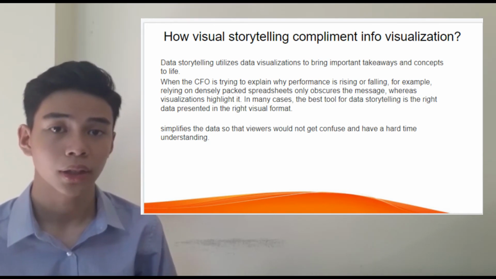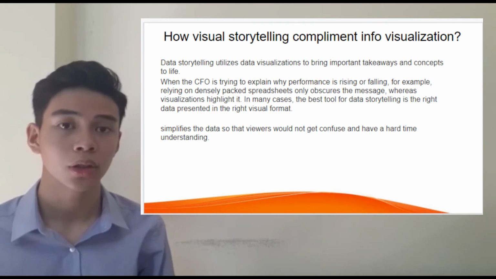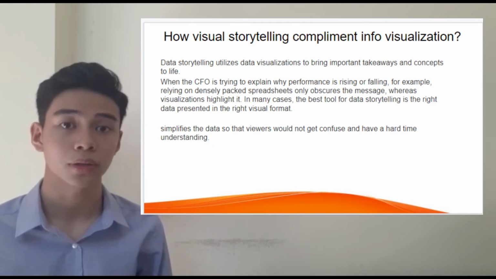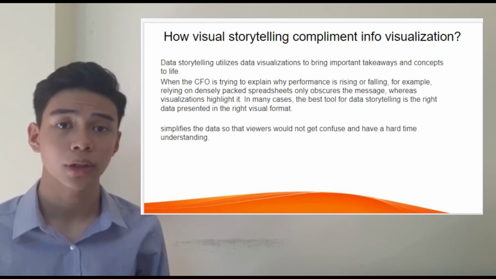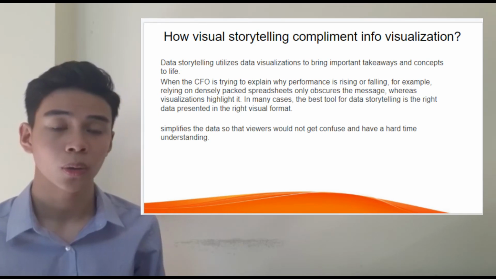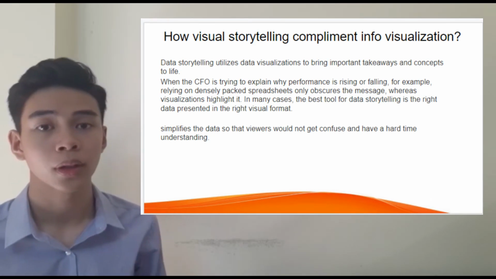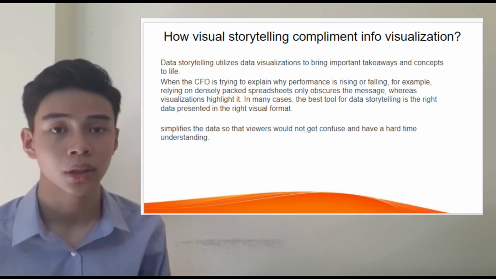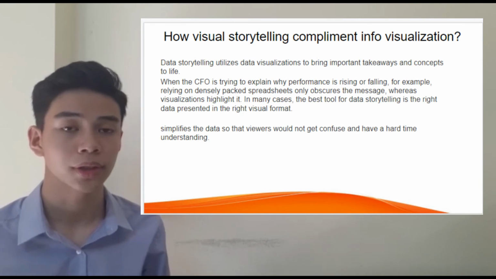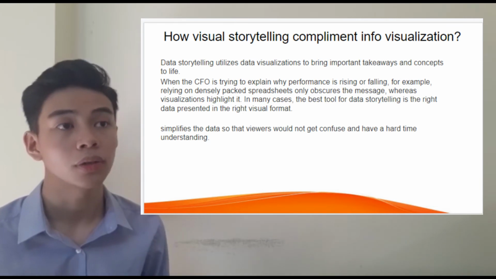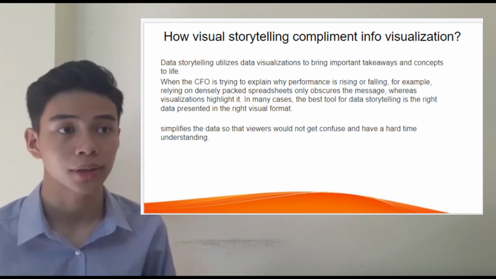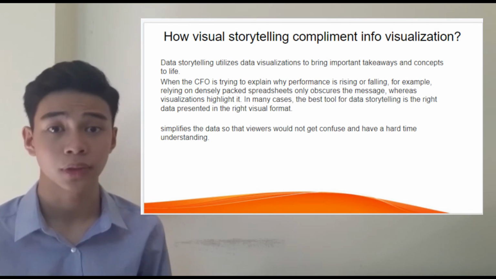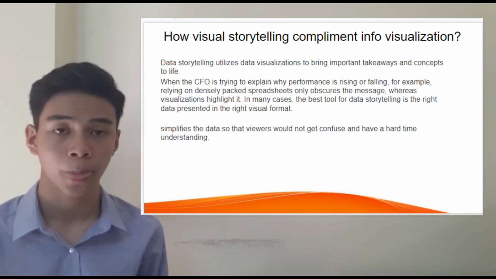Data storytelling utilizes data visualization to bring an important takeaway or concepts in life. When a CFO is trying to explain why performance is rising or falling, for example, relying on densely packed spreadsheets obscures the message, whereas visualization highlights it.